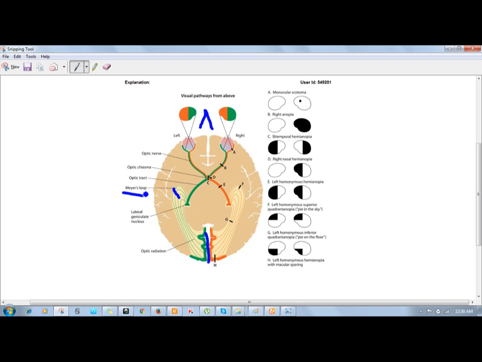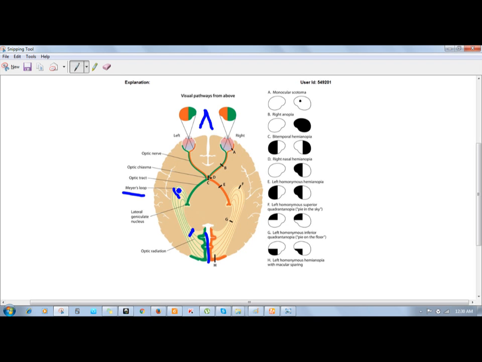About Meyer's loop and the dorsal optic radiation, which is right here: Meyer's loop carries information from the lower part of the retina, and the dorsal optic radiation carries information from the upper part of the retina.